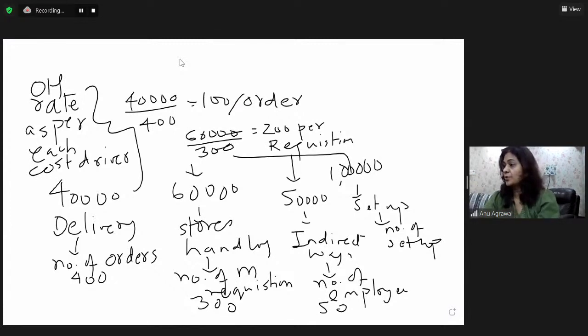Once we do this, what do we do? Once we have found out the rate for each cost driver, then we see, for product A, how many orders were there? How many store handling requisitions were there? How many employees are there in each of the products? How many setups were there in each of the products? Then on that basis, I divide the overheads over each of these products. See, it's a little lengthier process.